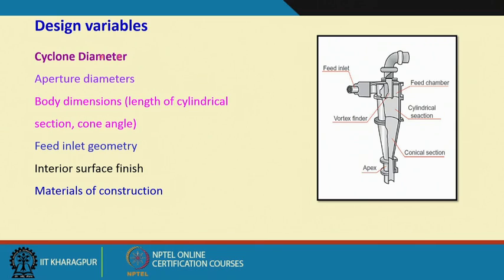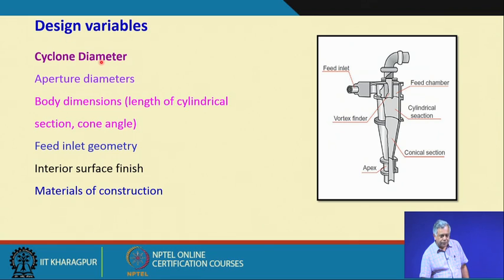Now, let us start with the different design variables of this apparently simple equipment and how they affect my performance. The design variables are like cyclone diameter, what should be the diameter of my cyclone; aperture diameters like the vortex finder diameter and spigot diameter; body dimensions, length of cylindrical section, cone angle; feed inlet geometry, what should be the geometry of my feed inlet; what should be my interior surface finish, even that is also a design variable; and materials of construction.